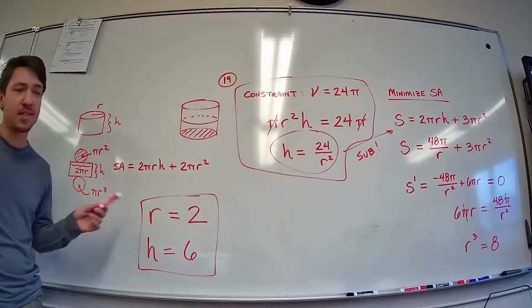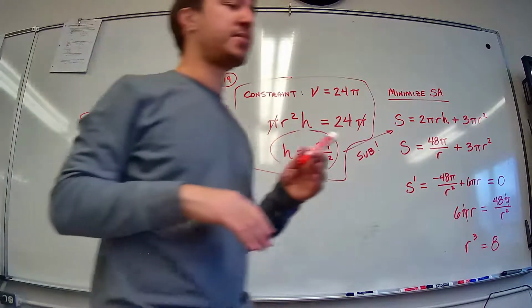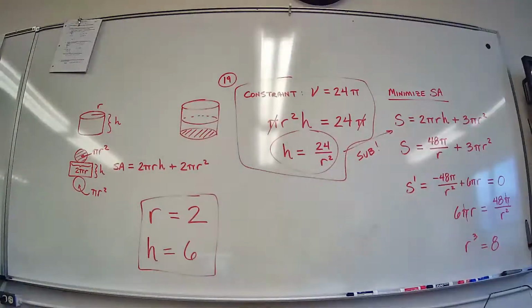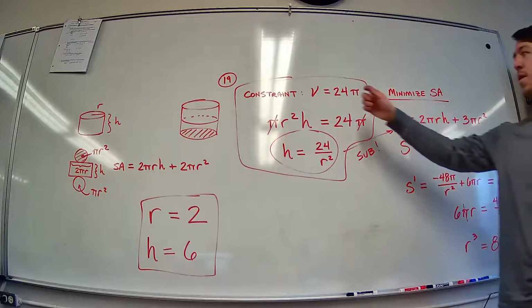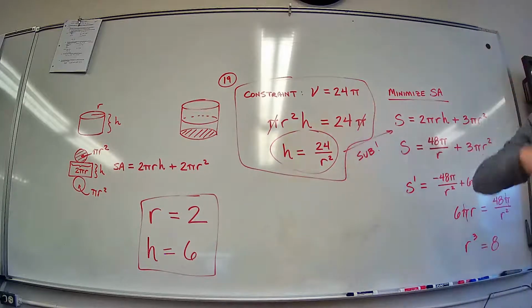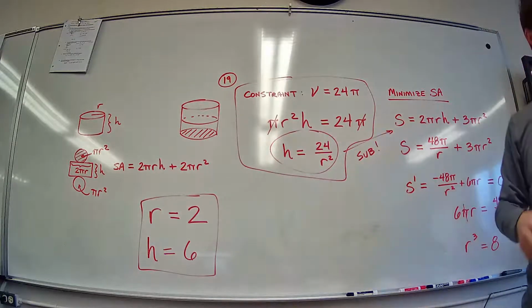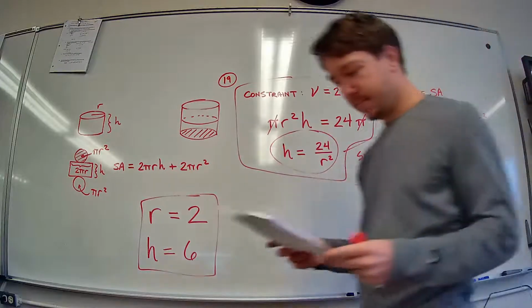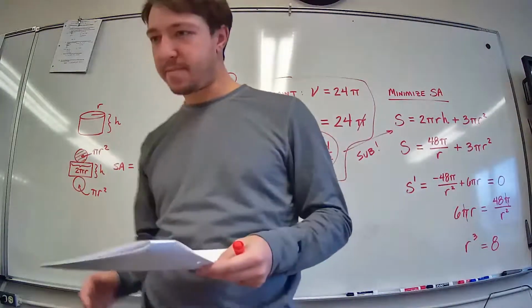Anyways, it turns out that the radius wants to be 2 and the height wants to be 6. Now, obviously, the numbers are not always going to come out to be integers. I picked 24 because 24 just happens to work out. If you made this 25, you would have an irrational solution.